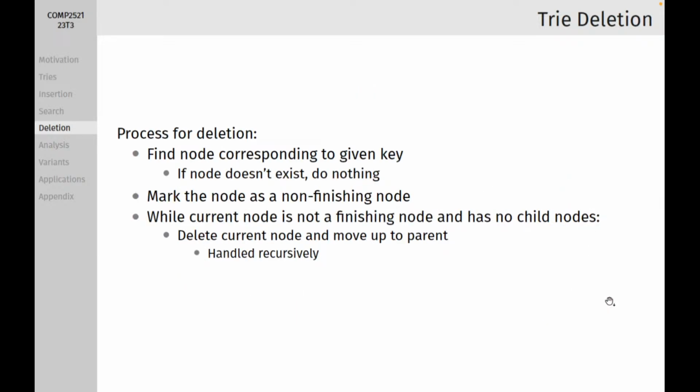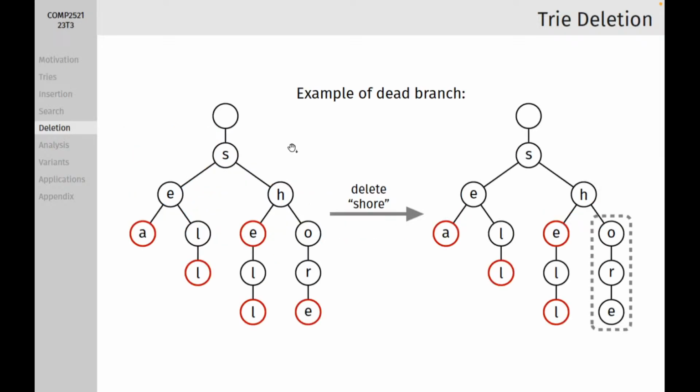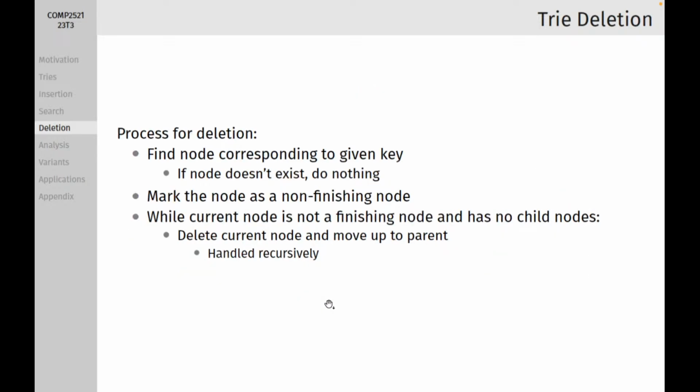So what's the process? Well, first of all, we find the node corresponding to the given key. Right, and if the node doesn't exist, then that means the key doesn't exist, so we don't do anything. And once we've found the node, then we mark the node as a non-finishing node. Okay, so like this, we just mark the E in this case as a non-finishing node.